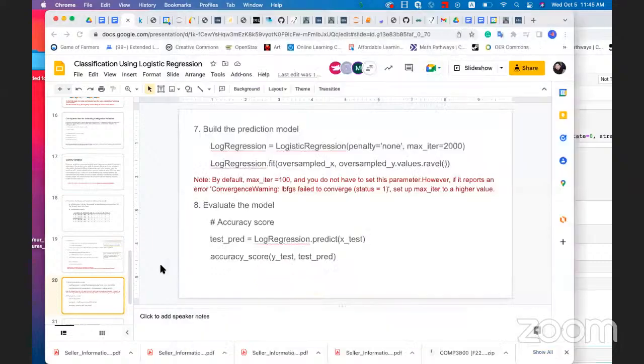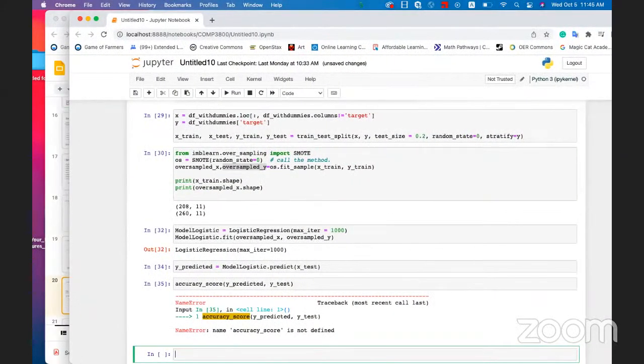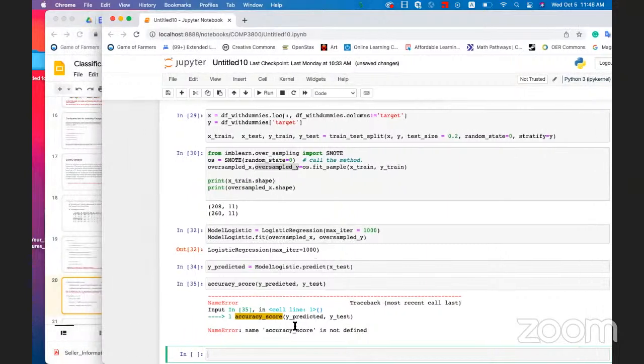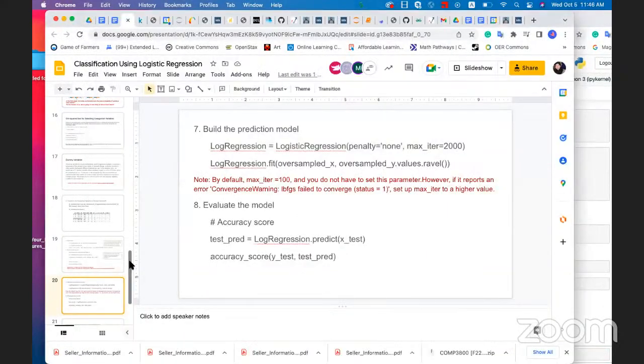You have to import another method here. I believe I didn't import it.